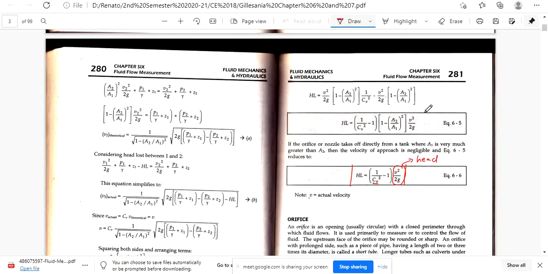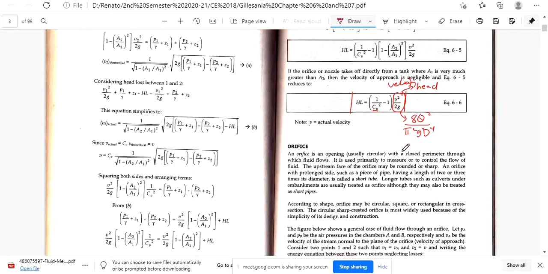So if we have the head, we can use the velocity head. Meaning, you can substitute the value 8Q squared over pi squared g D to the 4th there, because they are equal.